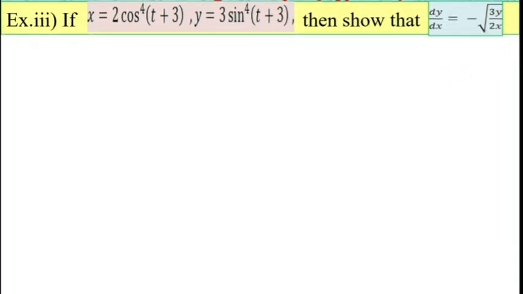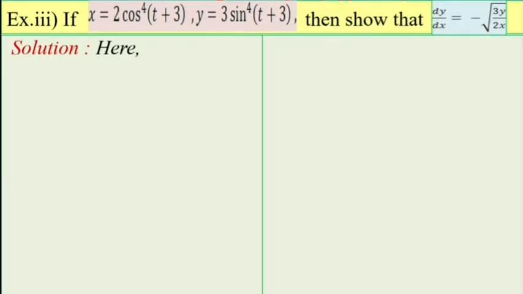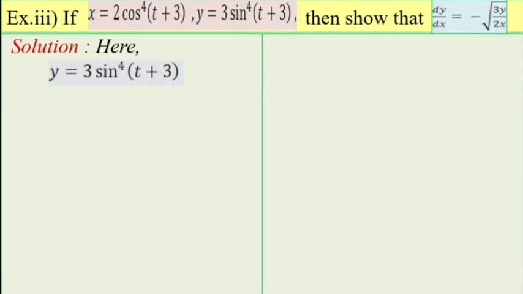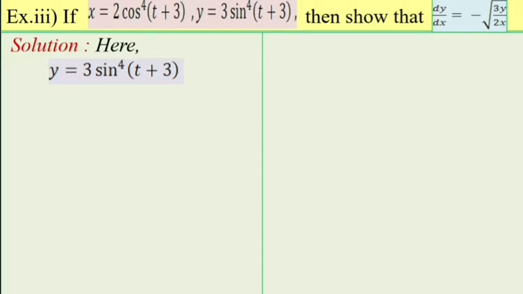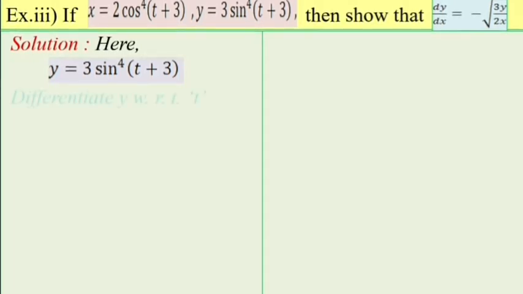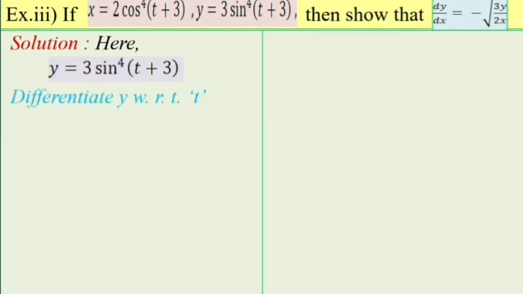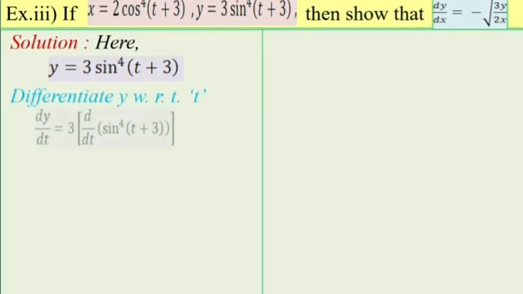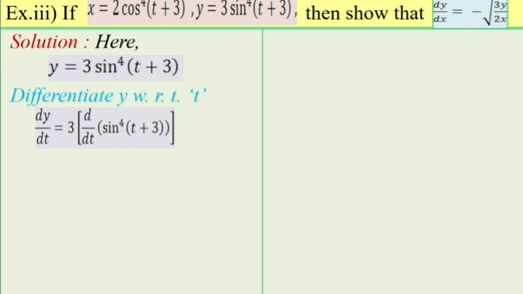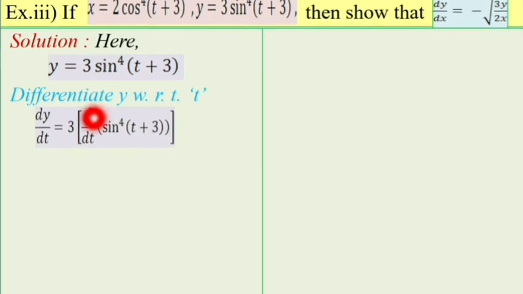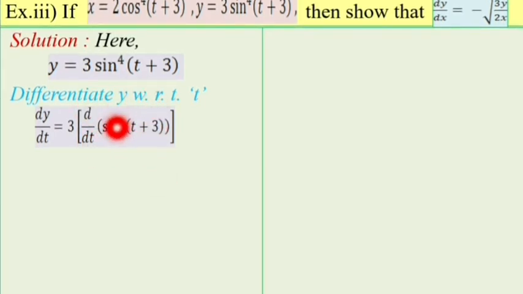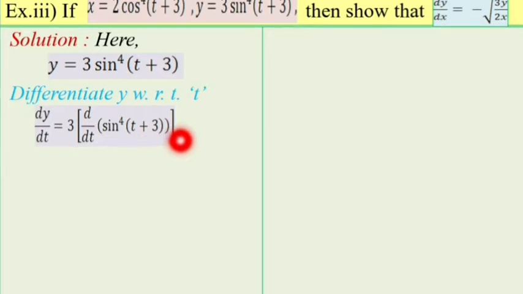Now let us start with how to differentiate the given function. Same method: first we take the second function, y equals 3 into sin raised to 4 of t plus 3. The given function is y with respect to t, therefore differentiate y with respect to t. Therefore dy by dt equals 3, as 3 is constant, into bracket d by dt of sin raised to 4 of t plus 3.